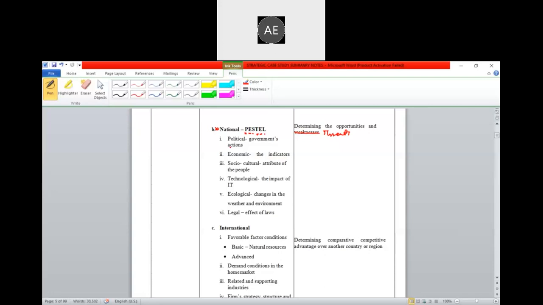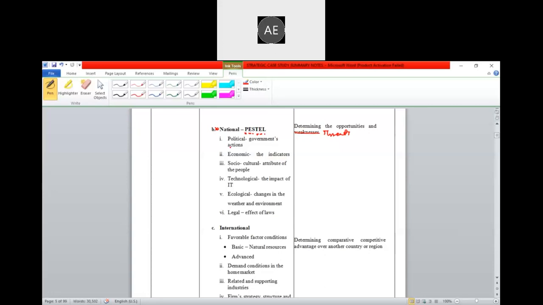So when the economic indicators help the organization achieve its objective, they become economic factors that are opportunities. But economic factors that prevent an organization from achieving its objective are still economic factors; however, they are threats.